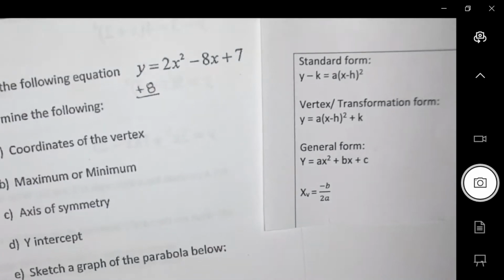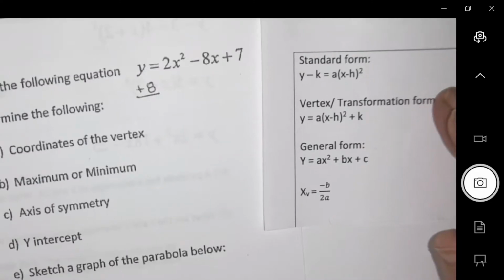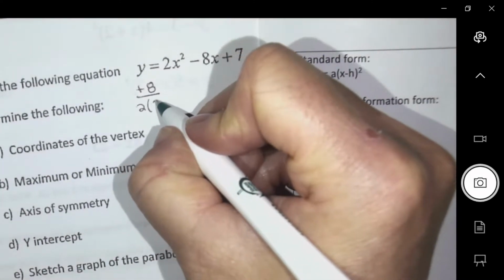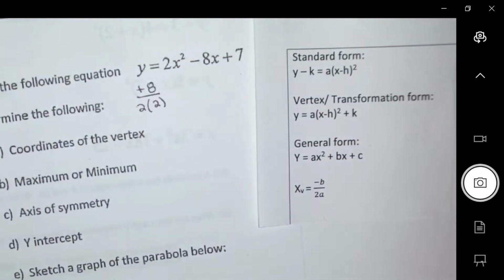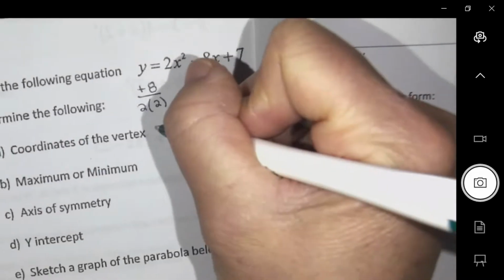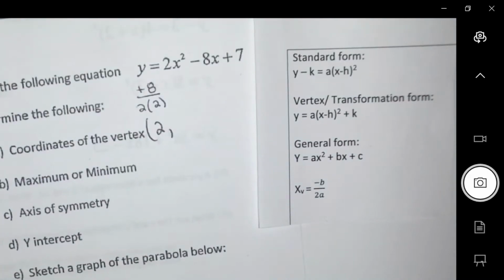I'm going to actually not say -b, I'm going to go opposite b. So +8 over 2 times a. So what is 8 divided by 4? 2. The vertex is 2, comma.